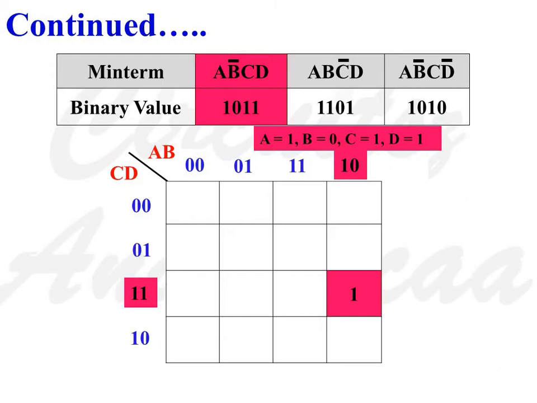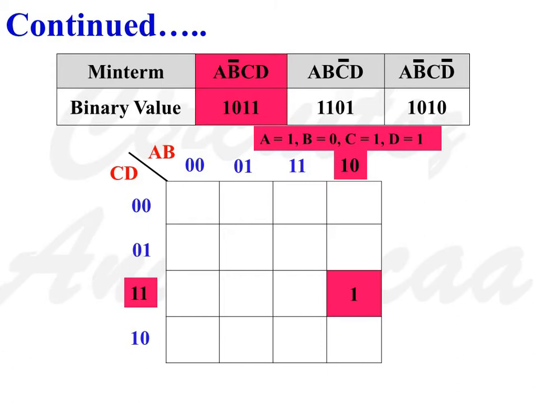Variable B is in complemented form, so put 0. Variables C and D are also in true form, so put 1. So finally the binary value of the minterm A B bar C D is 1 0 1 1. This means variable A is equal to 1, B is equal to 0, C is equal to 1 and D is equal to 1.